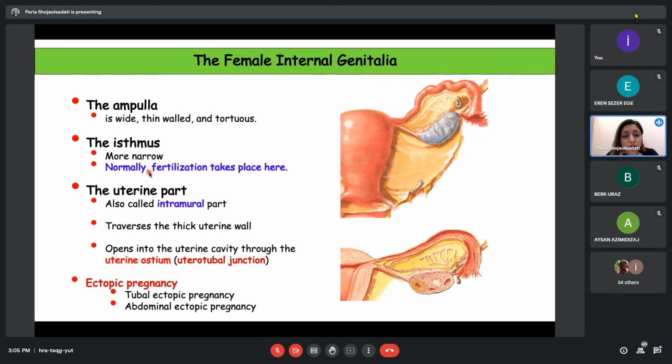The uterine part, also called the intramural part, as I mentioned before, traverses the thick uterine wall.